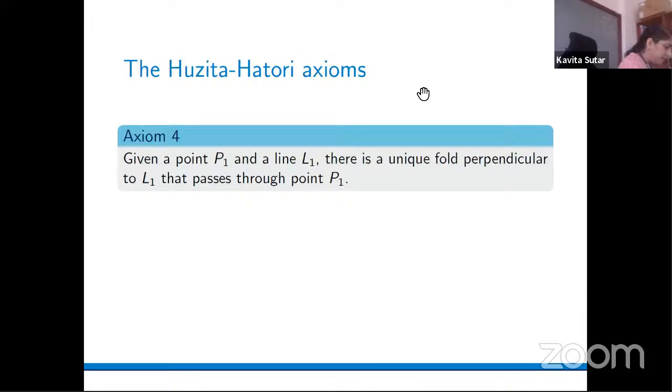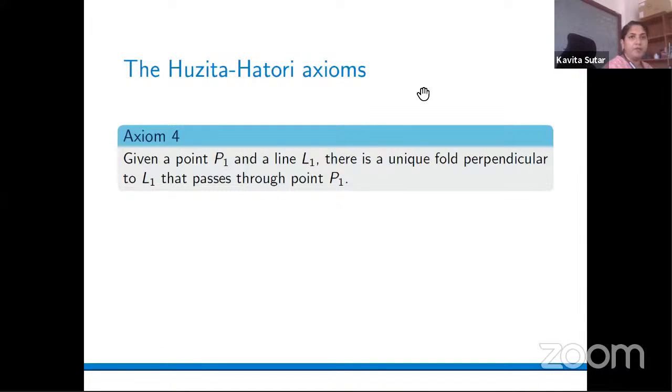How do you know that this is going to be perpendicular? Well, one way of knowing it is that you have simply reflected all the points on this line across this to this. By folding, you have done a reflection. So that is a quick proof of the fact that this is going to be 90 degrees, or that's one way of seeing it.